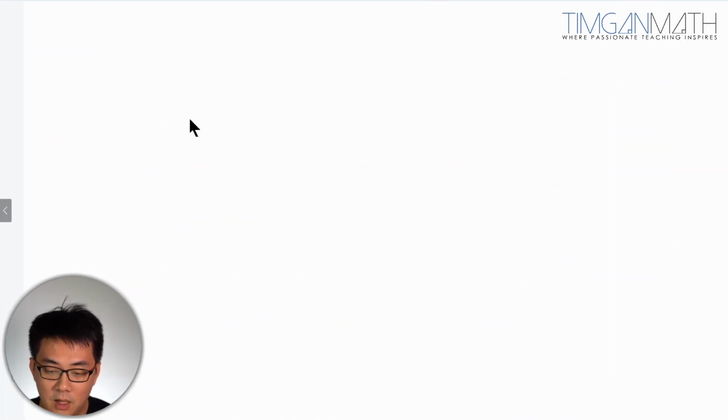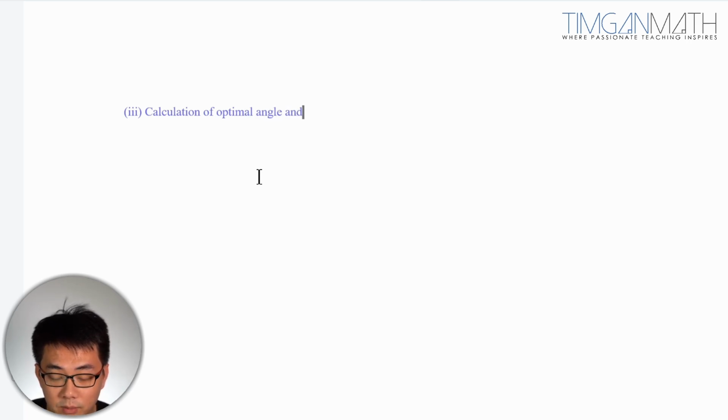So basically, part 3. Our calculations of optimal angle and optimal point is based on the xy plane.